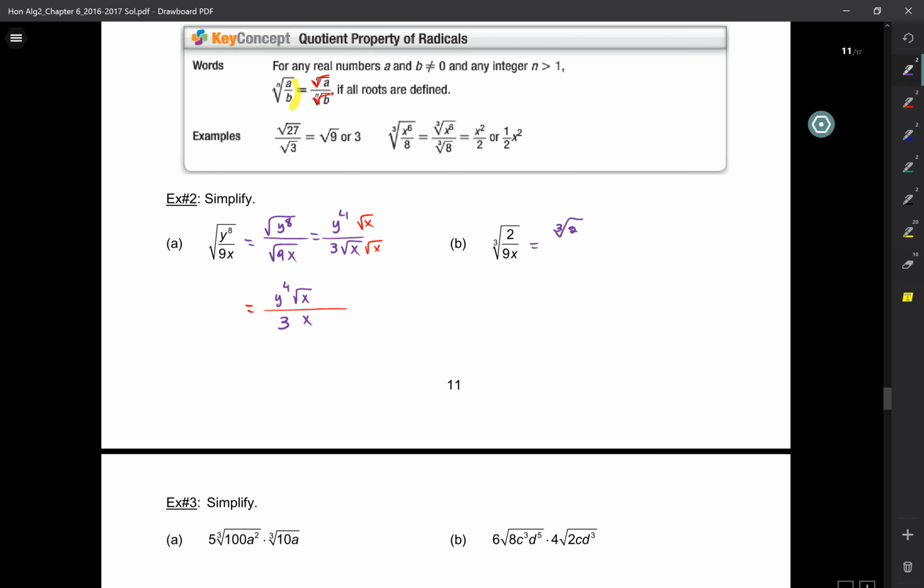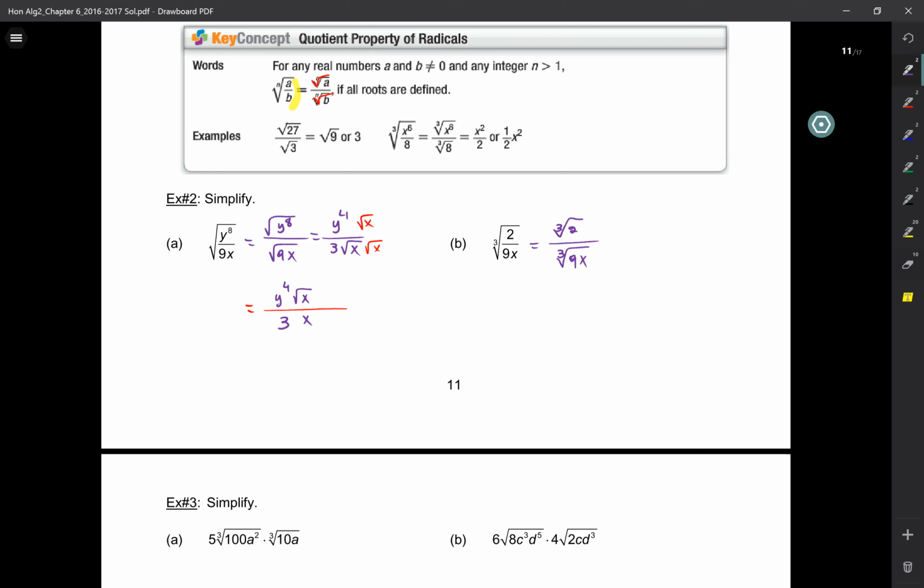Cube root of 2 over cube root of 9x. Okay, now, in the top, I can't do more with this. But in the bottom, I don't want to leave a root there. So what I have to do is complete the roots.